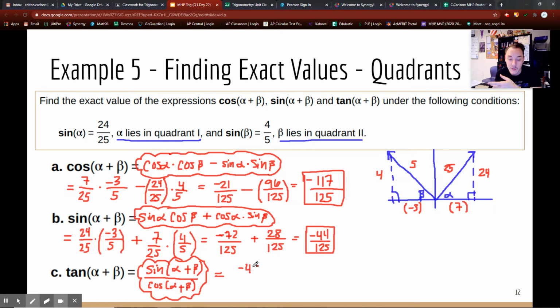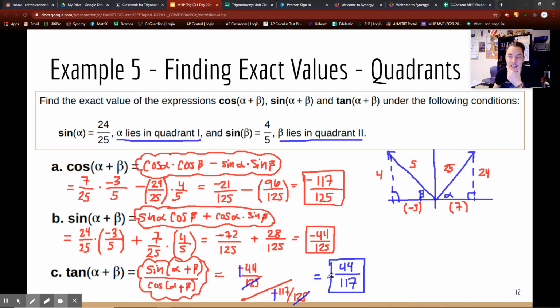So this is negative 44 all over 125, and then all over my cosine, negative 117 all over 125. So that's what it technically looks like. Now, when this happens, guys, of course, you should know this by now, your bottoms go poof, because they're both 125 when I multiply by the reciprocal. And then a negative with a negative gives me a positive. So I'm left with 44 all over 117.